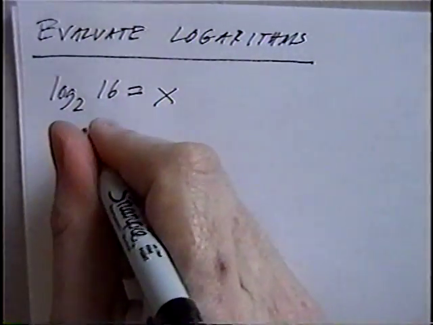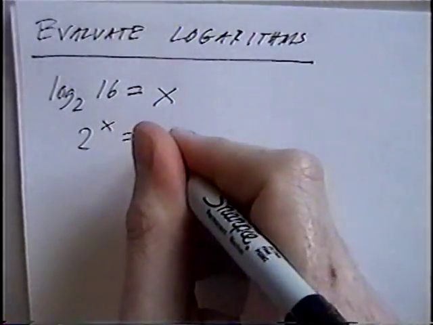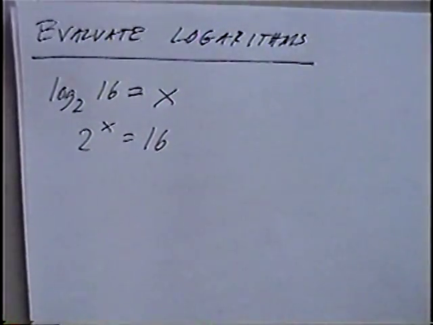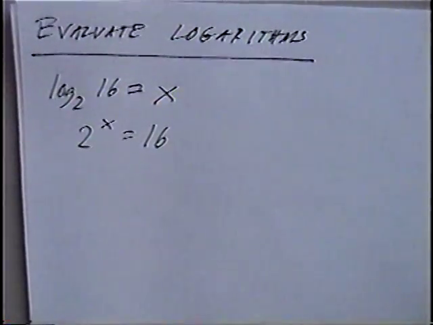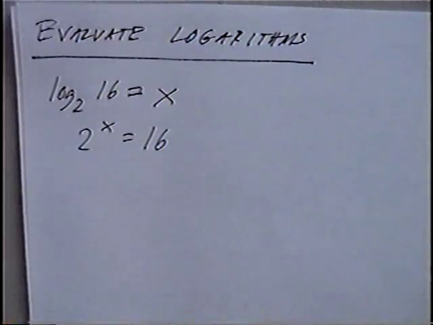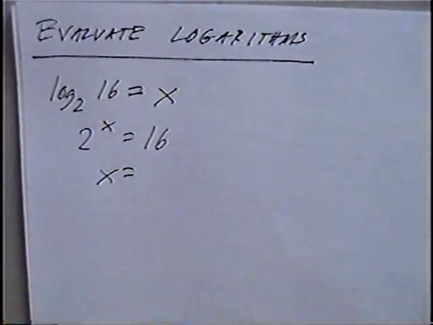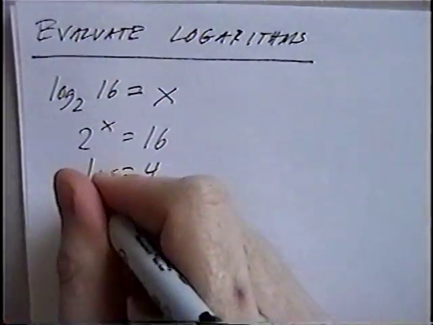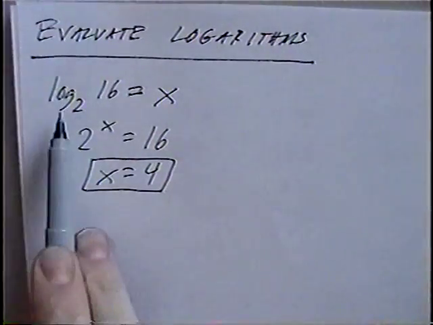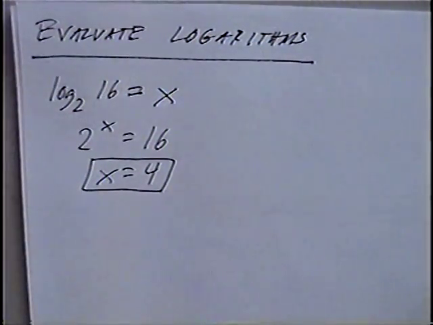And that problem would be 2 to the x power equals 16. To solve this, we need to figure out 2 to what power would be 16. And that would be 4. So our answer, log 16 base 2, is equal to 4.